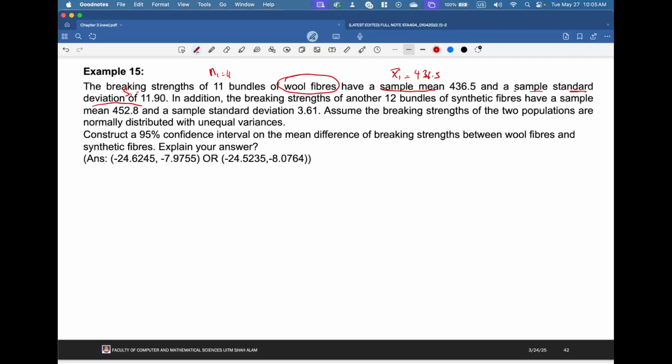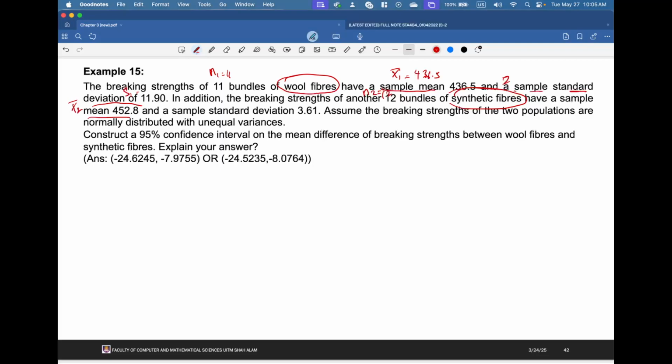The breaking strength of another 12 bundles of synthetic fiber. So synthetic fiber is the second group, and 12 bundles is the number of samples, so n2 equals 12. It has a sample mean x bar 2.